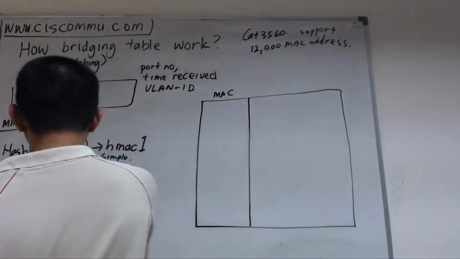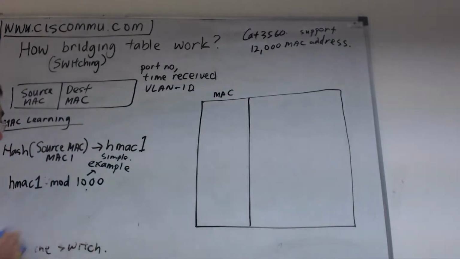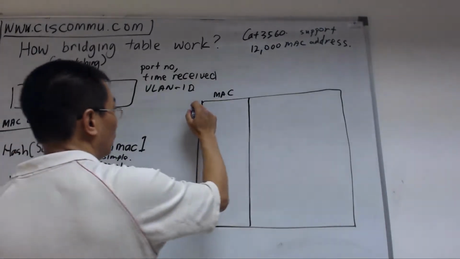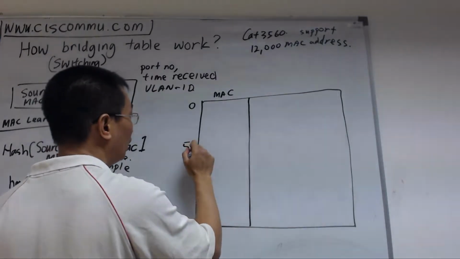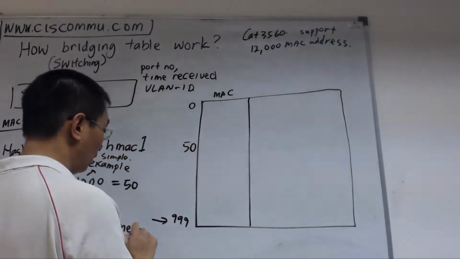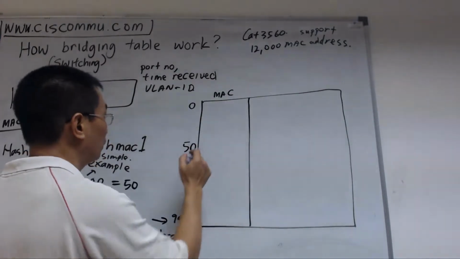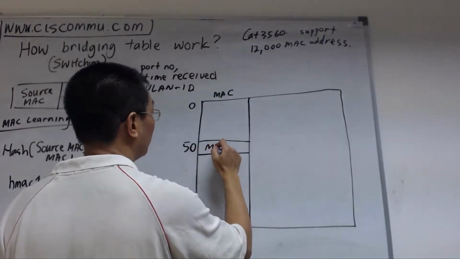Let's say you run hash mod 1000 and you get 50. The table goes from 0 until 999, so on memory location 50, you're going to put the MAC address 1 here.